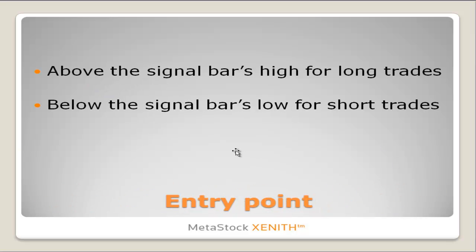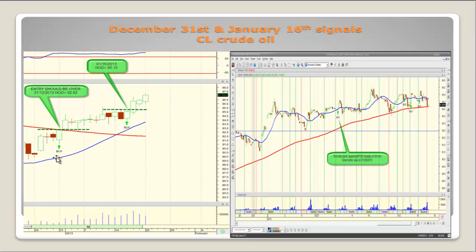This is our recommendation that we usually do. Entry point above the signal bar high for long trades or below the signal bar's low for short trades. This is the case. This day, for example, this is a daily time frame. We had this buy signal. Well, what you have to do is to take the entry above this signal bar high, okay?